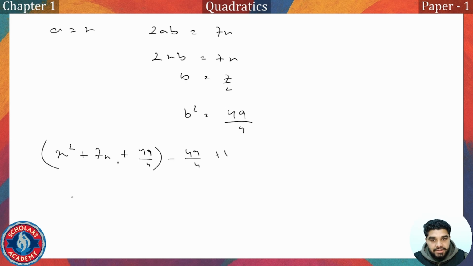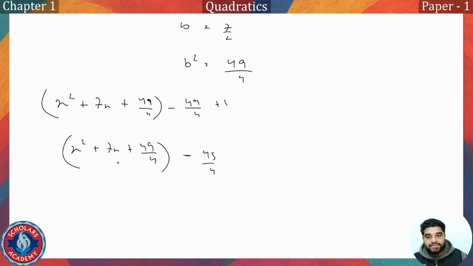So we do this, we get x square plus 7x plus 49 by 4 minus, we'll take LCM over here, we get 45 by 4. Okay, so this gives us (x + 7/2) whole square and minus 45 by 4.